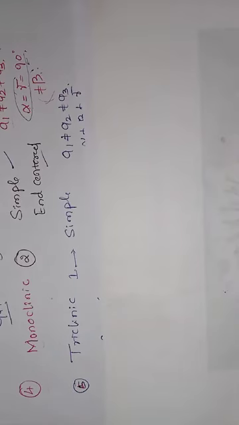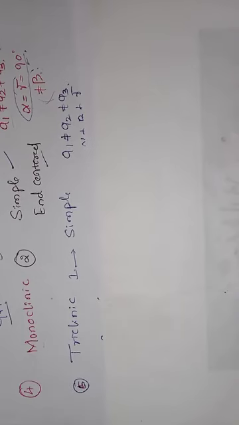Then in the tetragonal crystal system there are 2 types: simple tetragonal and body centered tetragonal. Here only 2 axes are equal, and the other one is different. The angle is equal to 90 degrees.